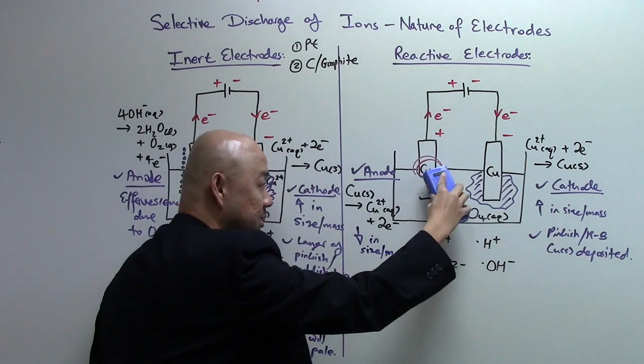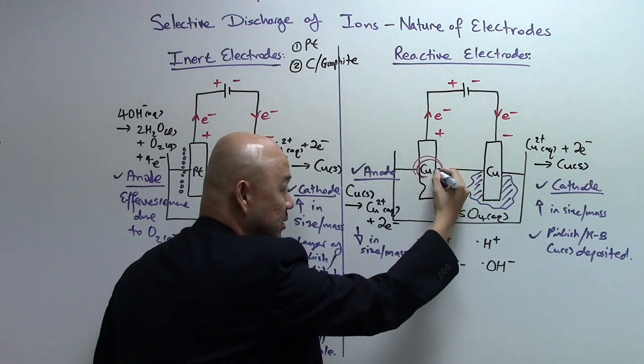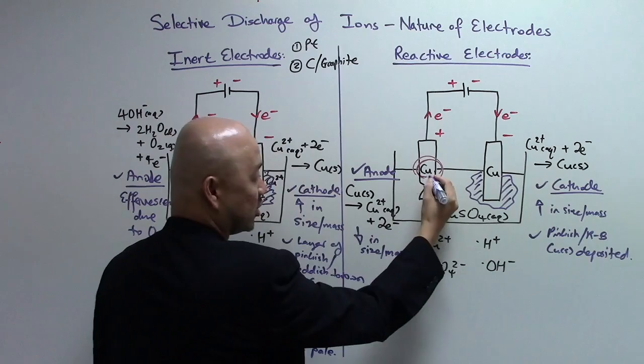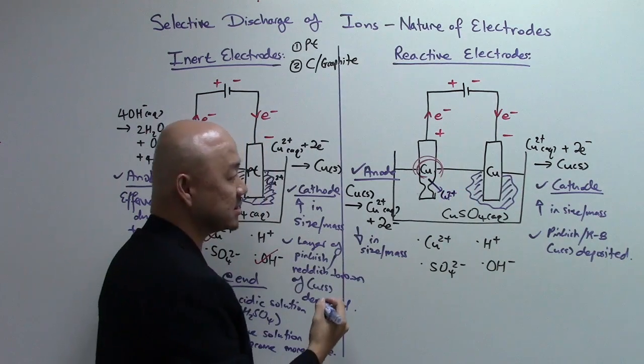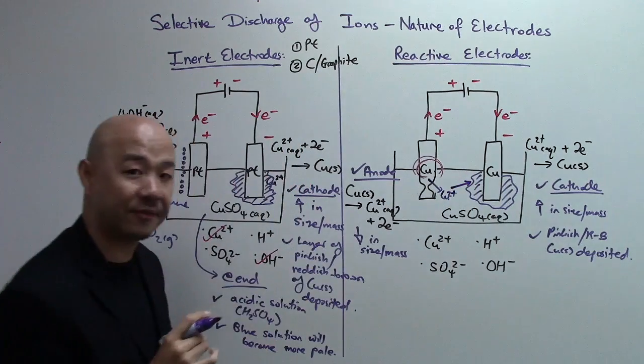Right? Let me redraw this a bit. So it becomes smaller and smaller. So what really happened is the copper has become copper 2 plus. It oxidized at this side of the anode, and then it gets back on the cathode.